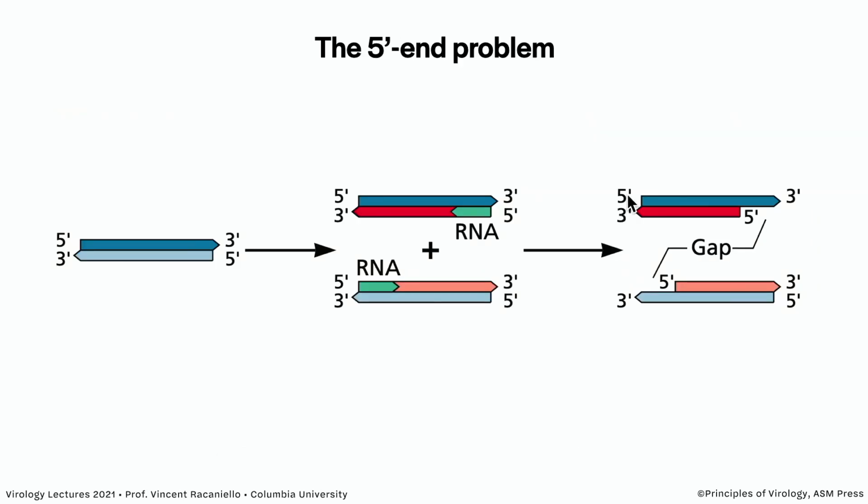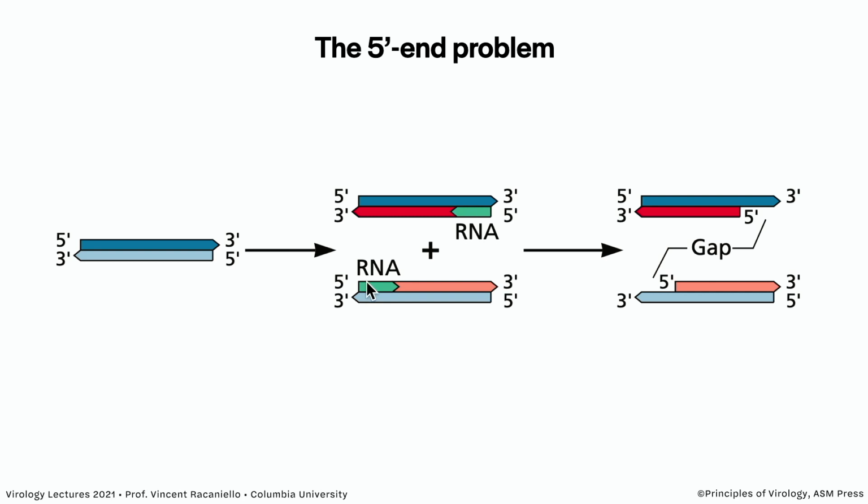Now, when you reproduce DNA, at least linear DNA, you have a problem which we call the 5' end problem, and that's illustrated here. So here we have linear double-stranded DNA, such as ours in our cells, and if you reproduce each strand with a replication fork, you end up with two double-stranded copies where you had one before. And each of these has an RNA primer at one end, at the 5' end where synthesis began.